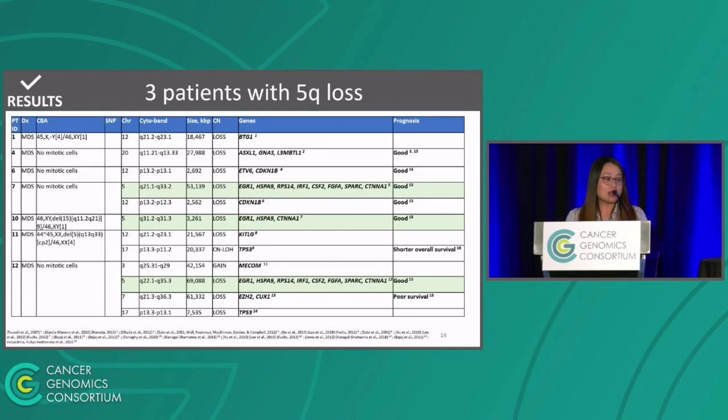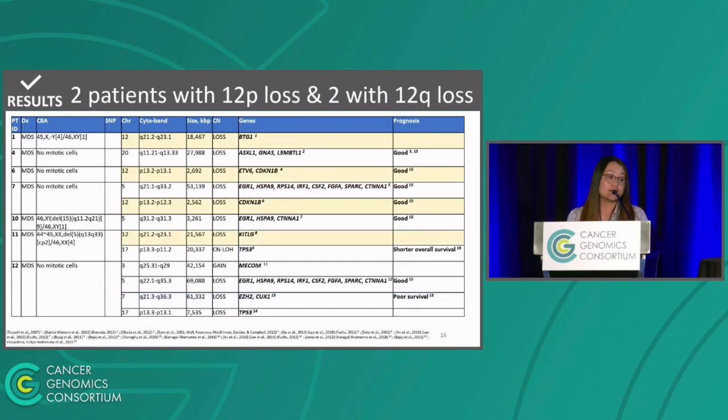Loss of 5q in patients 7, 11, and 12 usually indicates good prognosis for MDS patients and is associated with important genes such as EGR1. Loss of 7q in patient 12 usually indicates poor prognosis, associated with poor overall survival and important genes such as EZH2 and CUX1. There are 2 patients with loss of 12p and 2 with loss of 12q.